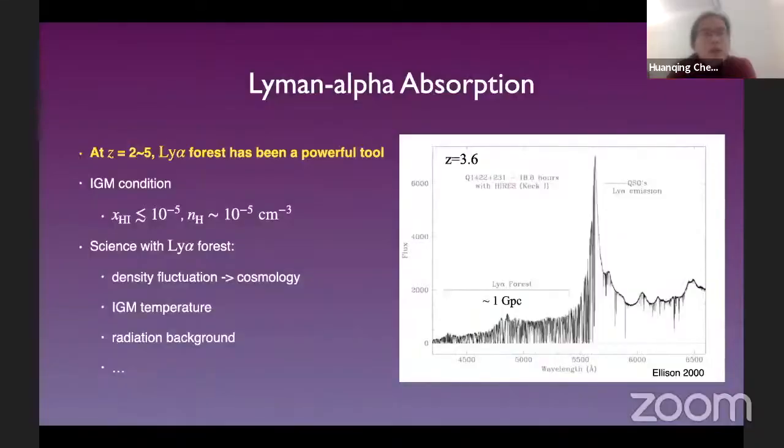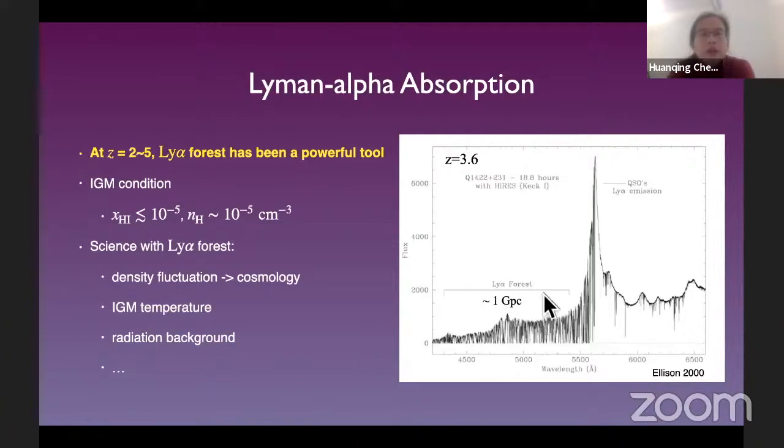The Lyman-alpha absorption spectrum has been a powerful tool for probing the distant universe, especially at redshift 2 to 5. On the right, I show a very nice spectrum of a redshift 3.6 quasar, and blue marks the Lyman-alpha emission line of the quasar. You can see numerous absorption features created by the neutral hydrogen left in the universe.